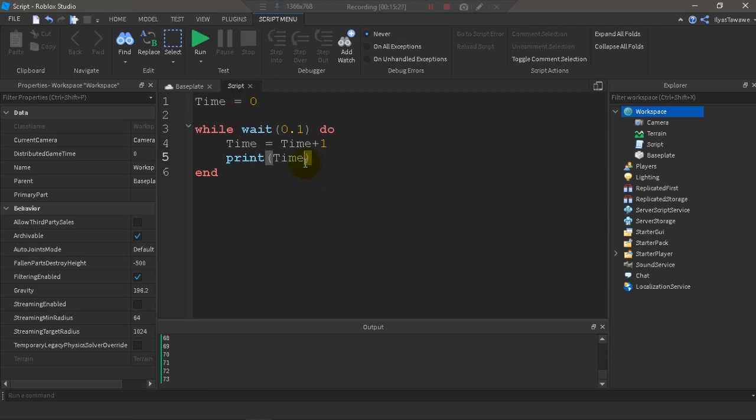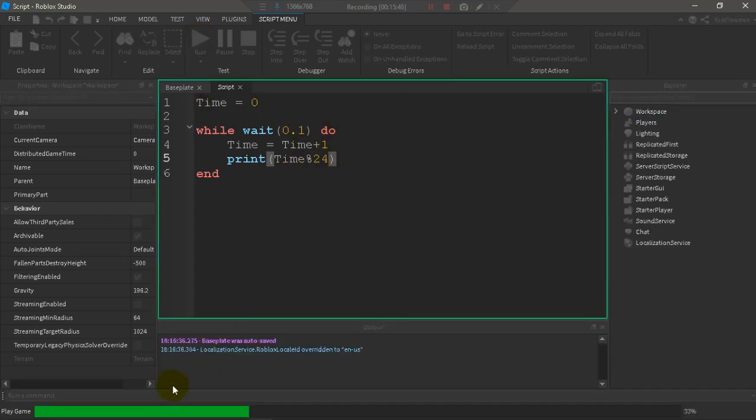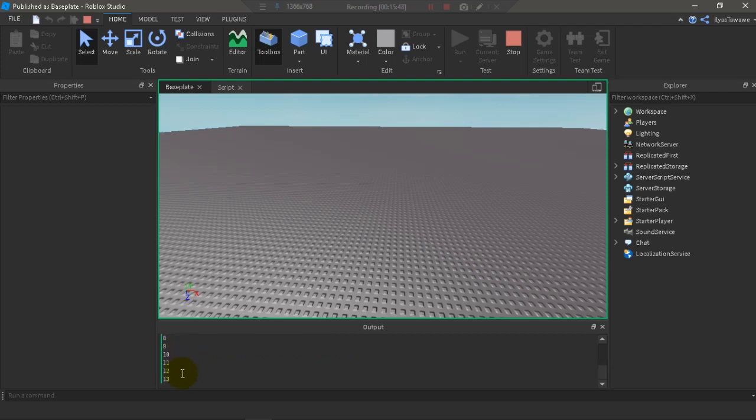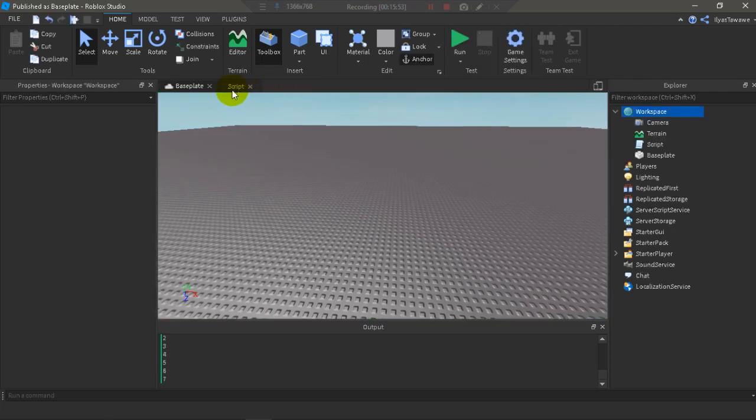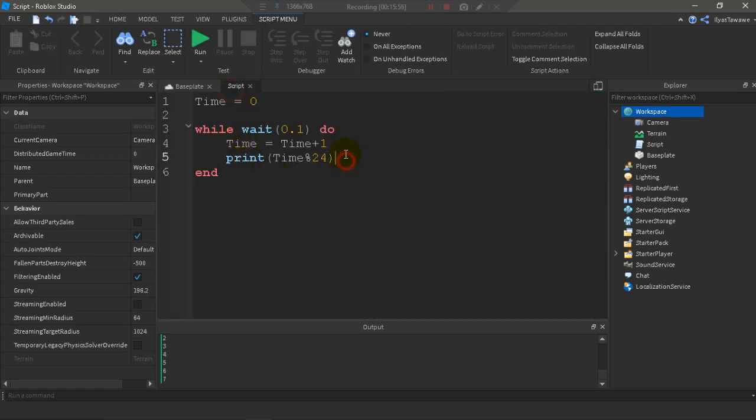So let's limit it. What we can do is get the remainder of time by 24, the format of 24, we can do the format of 12 too, but we're going to go with 24. As you see, it reached 24 and reset again, but the time itself is still as it is. Using this remainder, we limited this thing just by that.